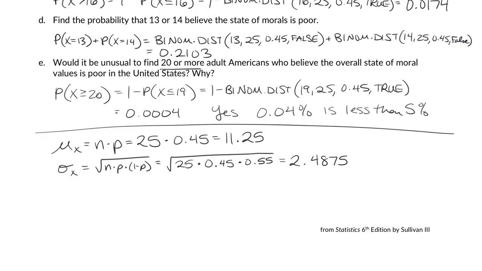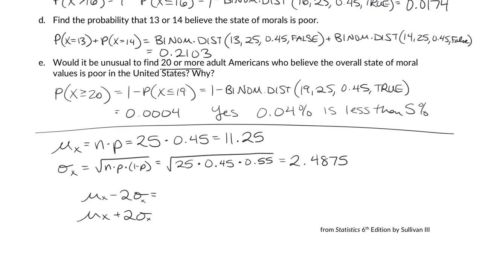Now, why were we doing this? It's because we have an ability to go back to our empirical rule now. What I'd like for you to do now that you have these two numbers, either in Excel or on your calculator, I need you to calculate mu minus 2 times sigma and mu plus 2 times sigma.